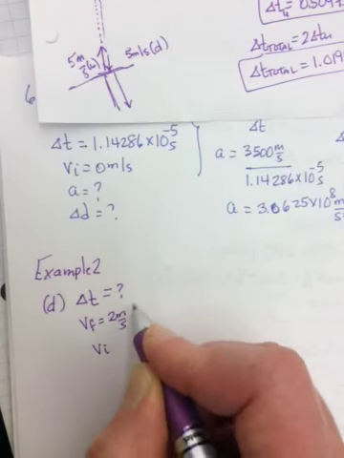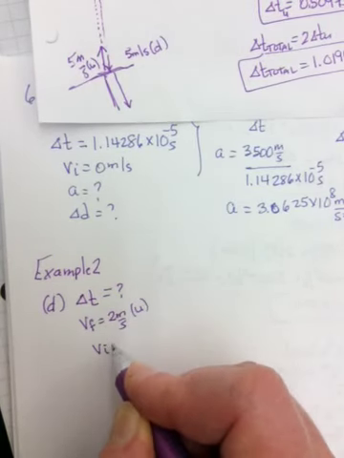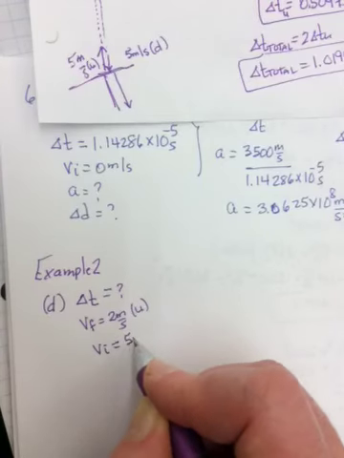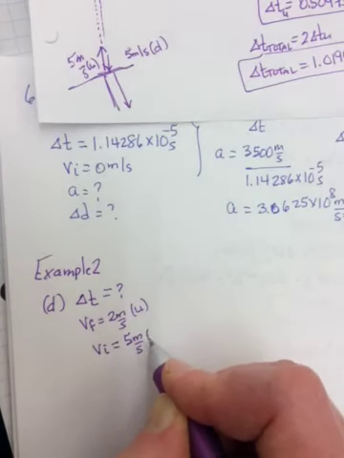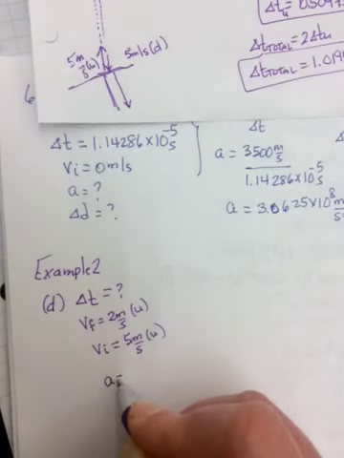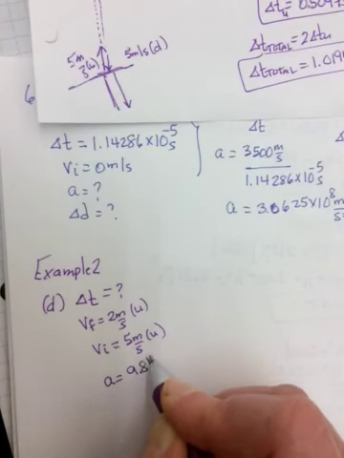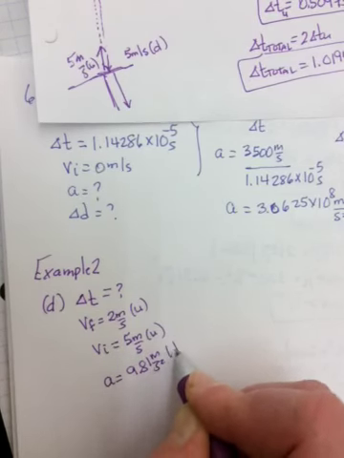The VI, and we're assuming upward, it could be downward, and the VI is 5 meters per second up, and the A is 9.81 meters per second squared down.